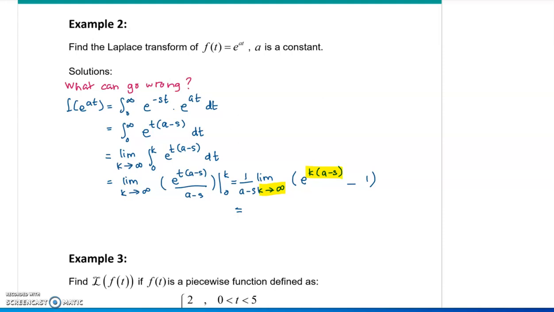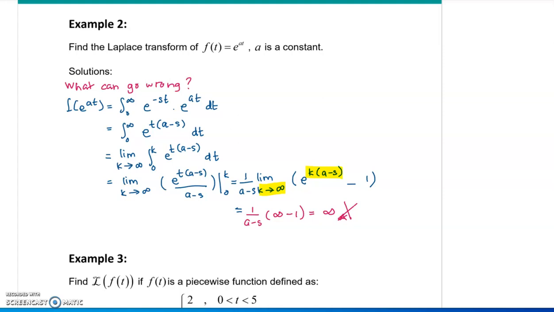Then you write 1 over a minus s times infinity minus 1, so the overall thing would be infinity. This is your answer at the end, which is not correct. In the Laplace transform, we don't have an answer of infinity.